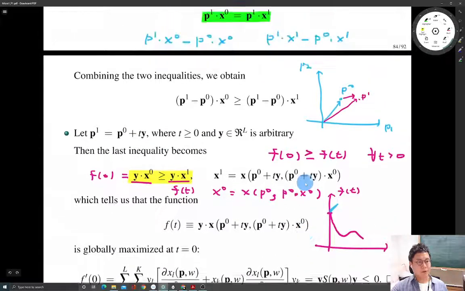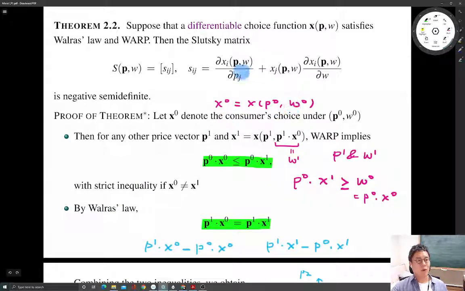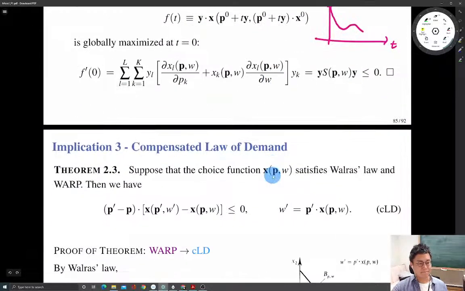So for those who are not interested in theory, it is enough to know that WARP implies a negative semi-definite Slutsky matrix, just like the Hicksian demand. A little subtle part is how you formulate the Slutsky matrix with this choice function without the Hicksian demand. Okay, and the idea comes from the Slutsky equation. I think that is enough.